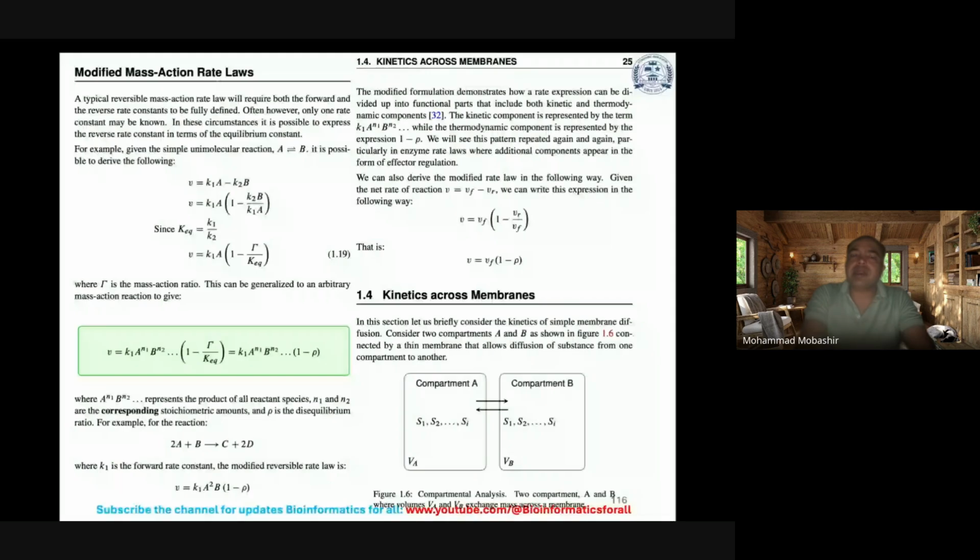I will say, before you go for the law of mass action, you can remind yourself what the law of conservation of energy is, where you say there is never ever a loss of energy. In the same way, you need to balance the equations.